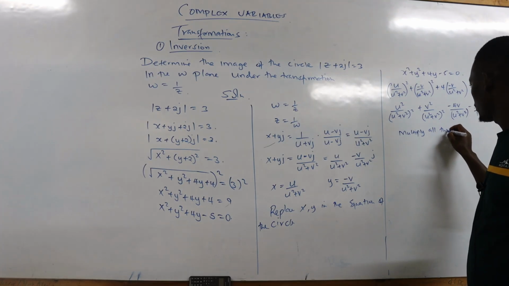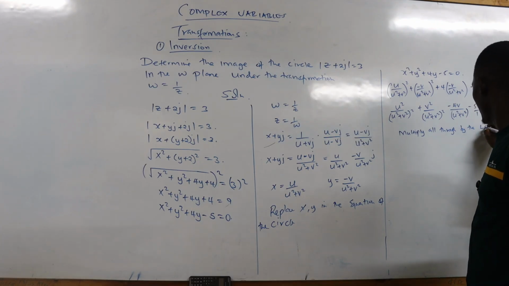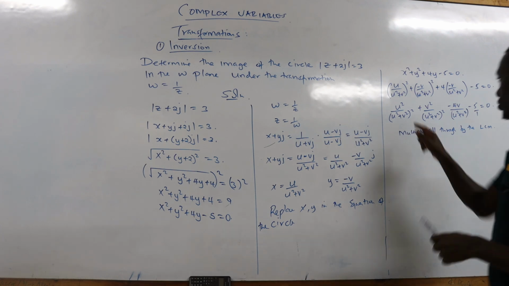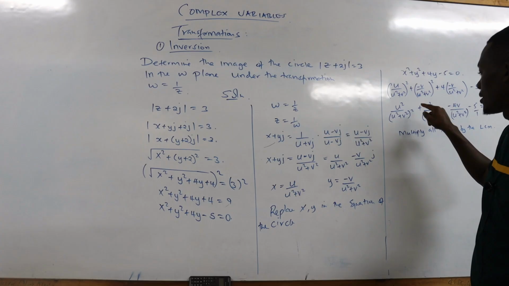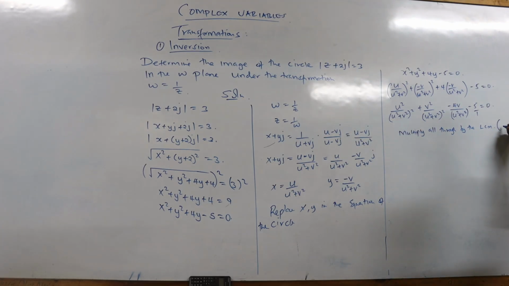So we can say we multiply all through by the LCM, and the least common multiple here will just be the one that has the highest power. So if you multiply this term, the LCM is this: u squared plus v squared, then into bracket squared.